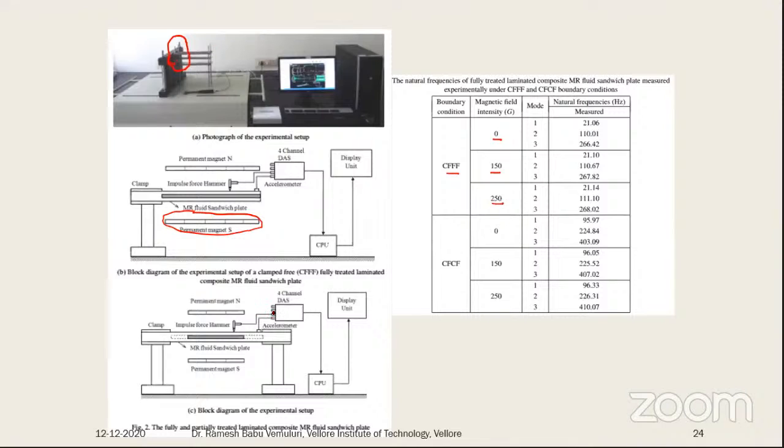Here you can see in the block diagram, we apply the forces and take the reading, and the data acquisition control converts the analog signal. Then the DV software shows the fast Fourier transform results. Then we took the first three natural frequencies.